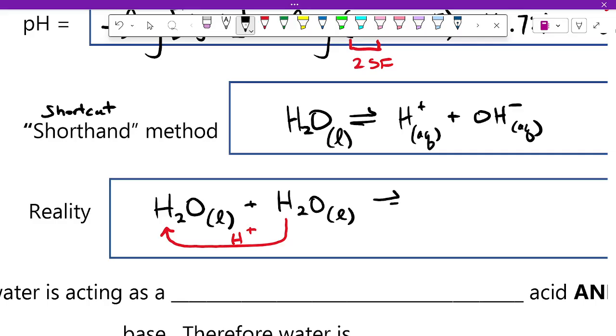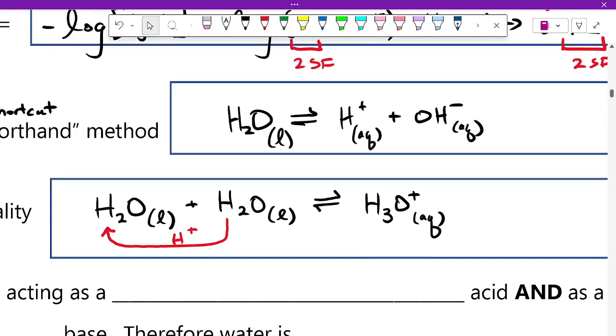What would that first water molecule turn into with that extra hydrogen? H3O plus, the hydronium ion. What is left after water gives up a proton? OH negative. I said proton. We haven't gotten there yet. We need to talk about that.